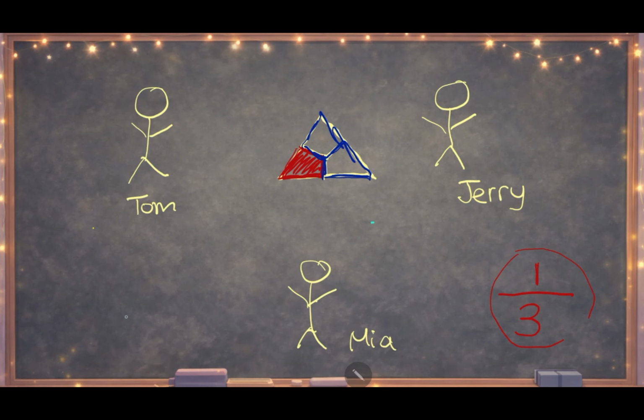The denominator is still going to be 3 because it is still divided into 3 equal parts. And the top, which is the numerator, is going to be 2 because there are 2 pieces out of 3 that are still left over. So the fraction of remaining cake is 2/3. We read it as 2/3.